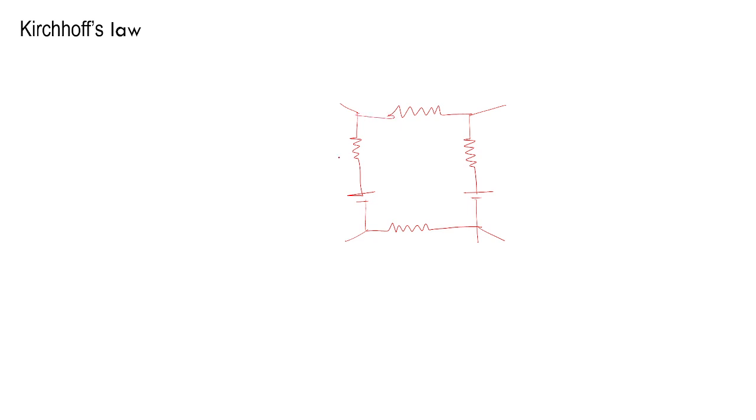This is our R4, this is R1, this is R2, and this is R3. This is E1, this is E2. Now we need to apply KVL in this circuit. This loop current I am considering as I.